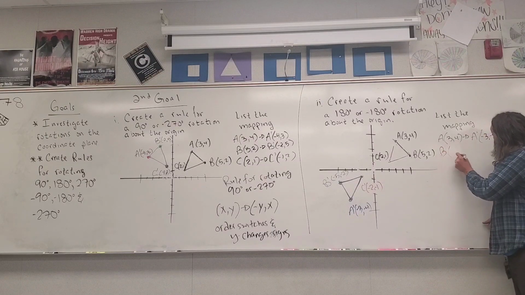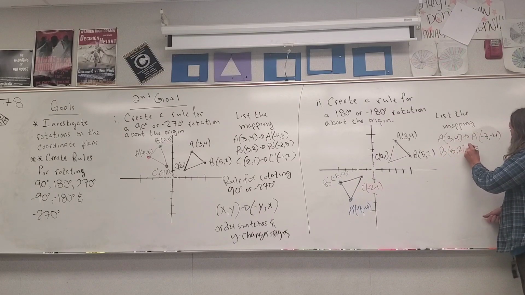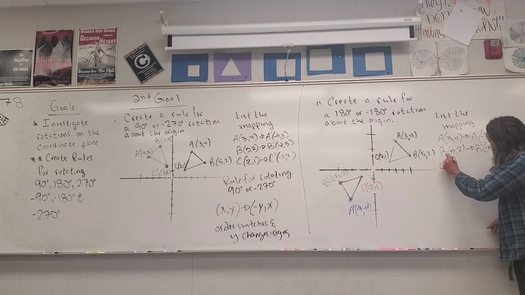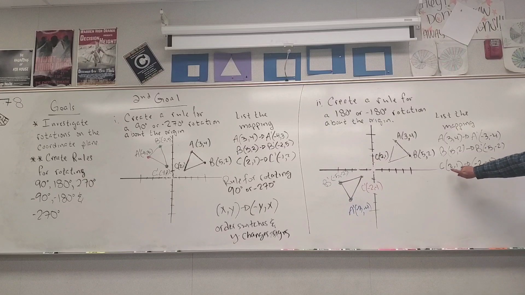B, which is 5, 2, goes to B prime, which is -5, -2, and C, which is 2, 1, goes to -2, -1. And so what it looks like is the numbers stay in the same order, but the signs are changing.